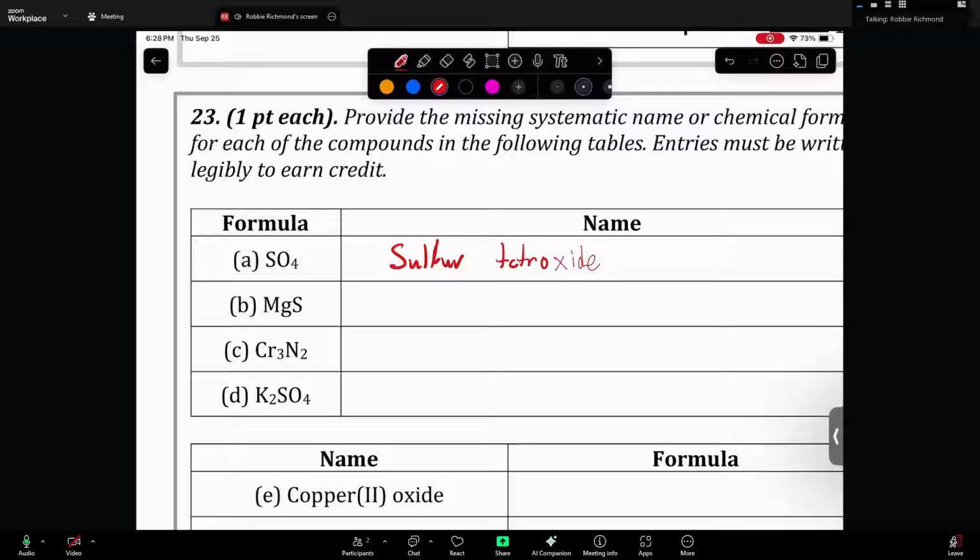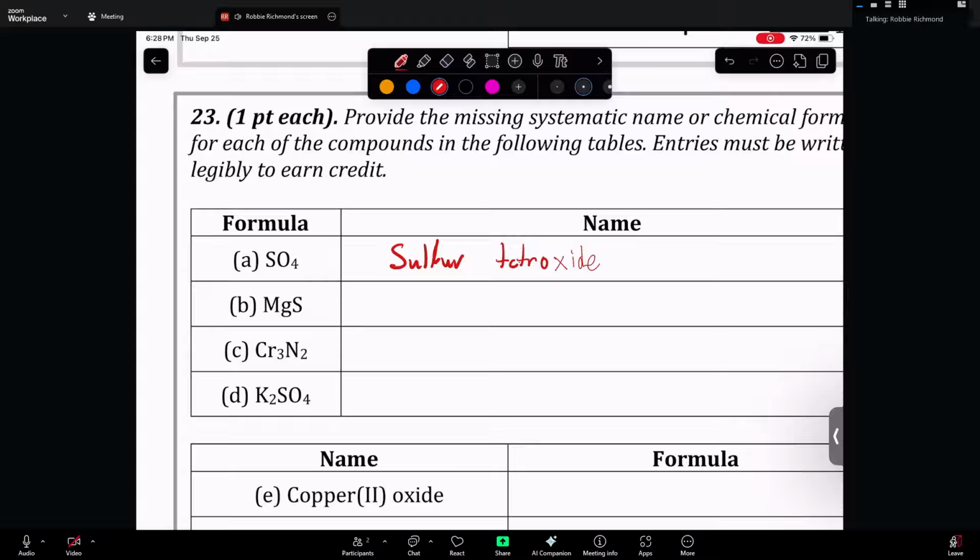Alright, B, MgS, that is magnesium and sulfur, a metal and a nonmetal, that's an ionic compound. Ionic compound rules is basically you write down the identity of the element or polyatomic ion. You don't put any prefixes, you just write down the identity of it. Now, the only weird rule about this is when we have transition metals that have variable charges, stuff like manganese, that can have +1, +2, +3, and +4 charges.